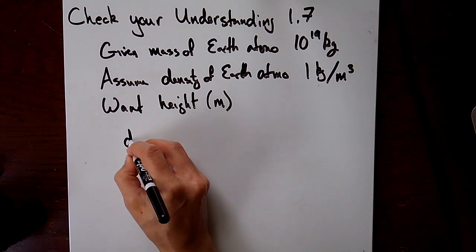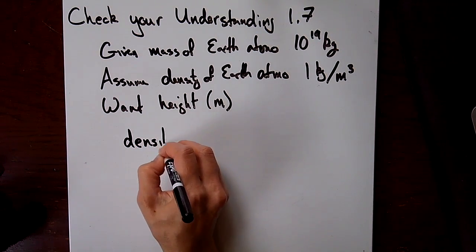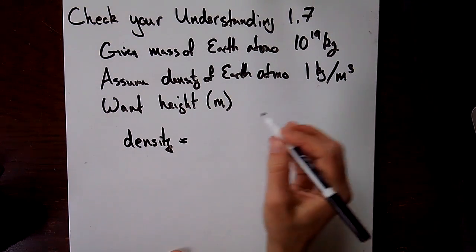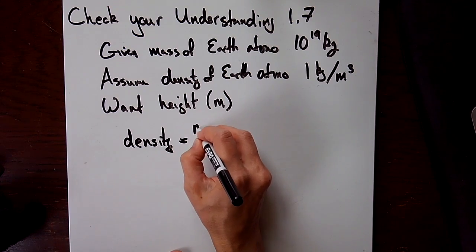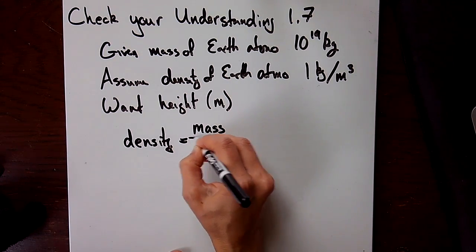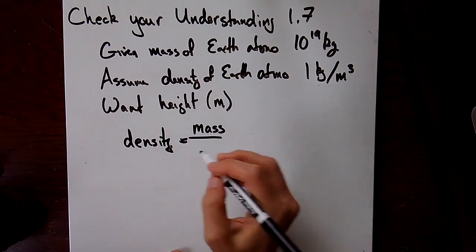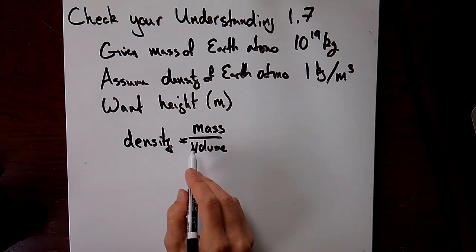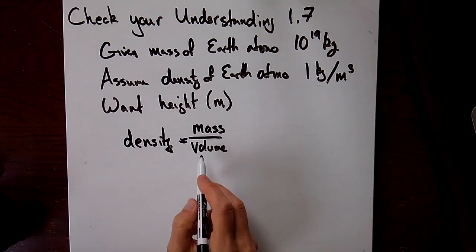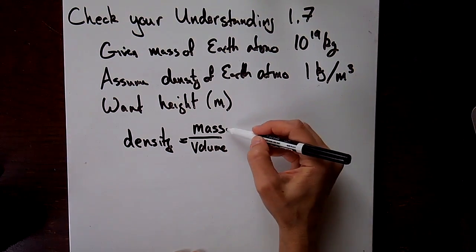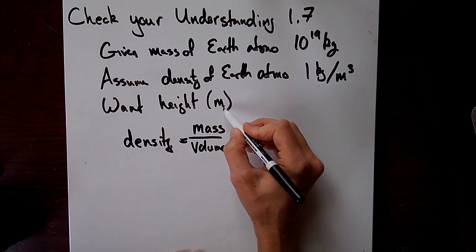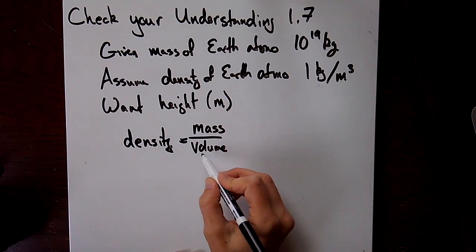So that means I can make up the formula for density. Kilograms is mass, so density must equal mass divided by meters cubed, and that's volume. So there I have made my equation for density. And I've got mass, and I've got density, and that means I can get volume, which gets me a little bit closer to meters, a length.